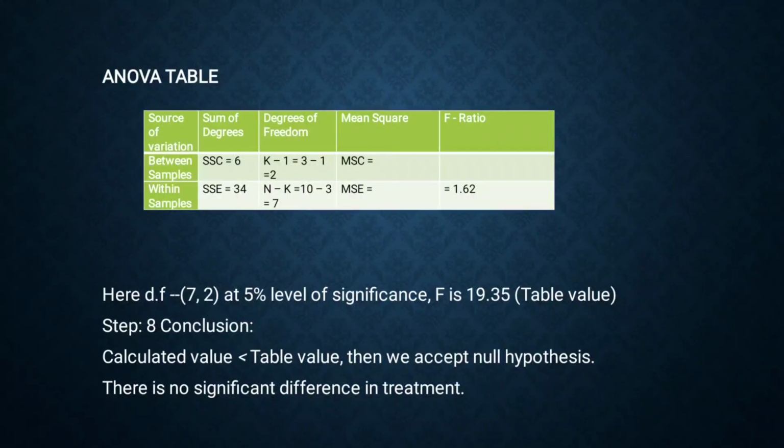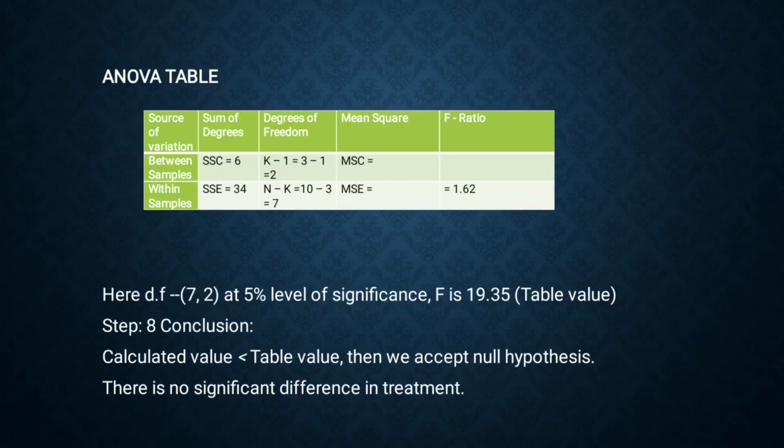Now let us form the ANOVA table. Here the first column is source of variation, next sum of squares, degrees of freedom, mean square and F ratio. Here the sum of squares SSC value is 6 and SSE value is 34. We know the formula for degrees of freedom, that is k minus 1. K value is 3, so we have 3 minus 1, which is 2. Next n minus k, n value is 10, k value is 3, so n minus k value is 7.